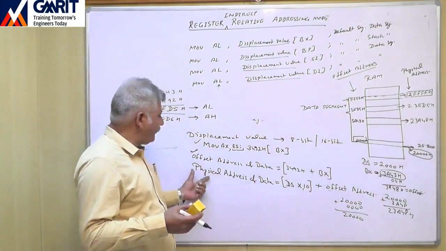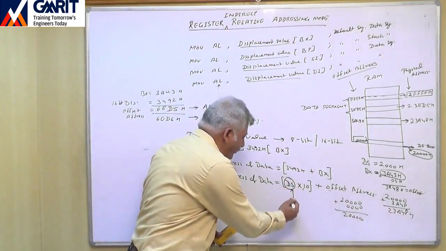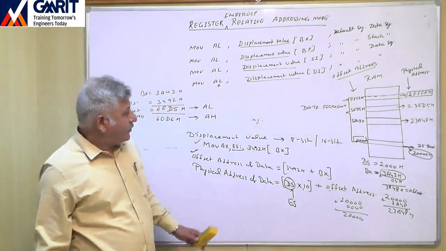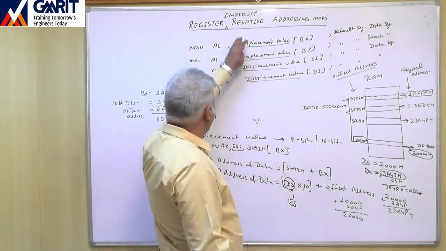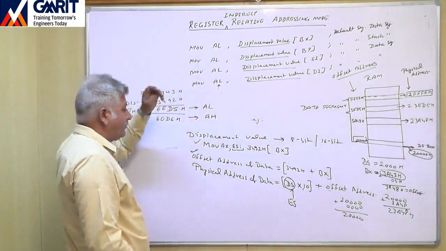So while calculating the physical address, in place of the default DS segment, we have to use the ES extra segment. The same type of explanation is valid for all these 4 instructions.